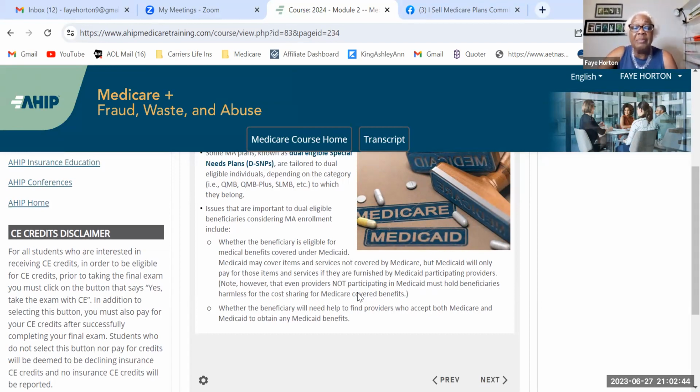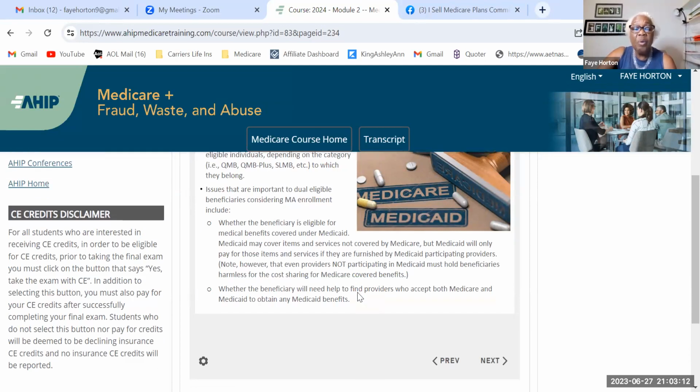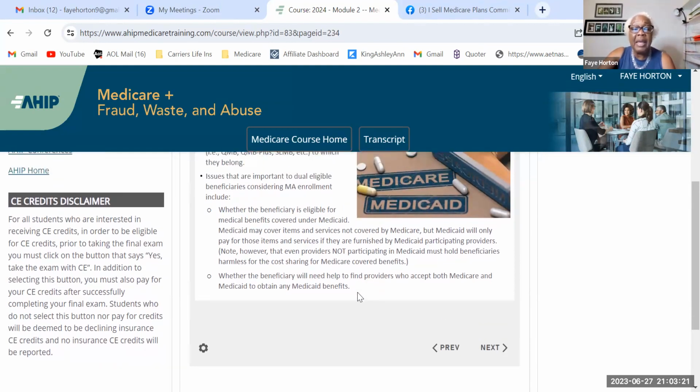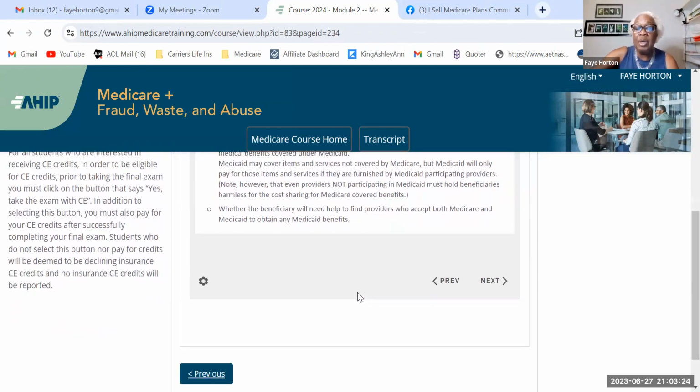Medicaid may cover items and services not covered by Medicare, but Medicaid will only pay for those items and services if they are furnished by Medicaid participating providers. Note, however, that even providers not participating in Medicaid must hold beneficiaries harmless for the cost sharing of any Medicare covered benefits. Whether the beneficiary will need help to find providers who accept both Medicare and Medicaid to obtain any Medicaid benefits is something that you may have to consider.